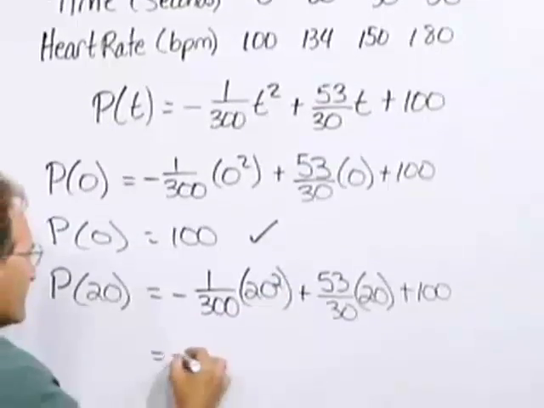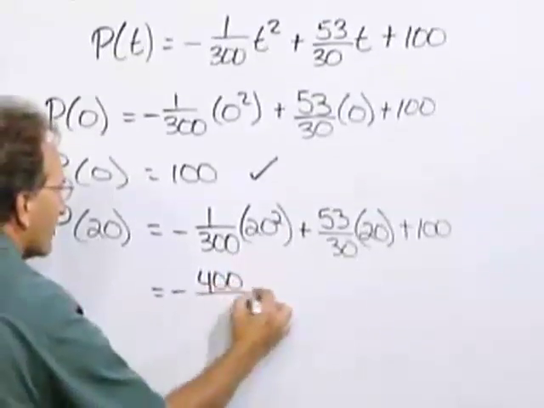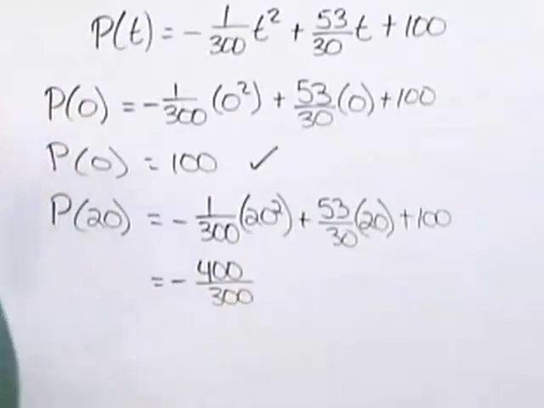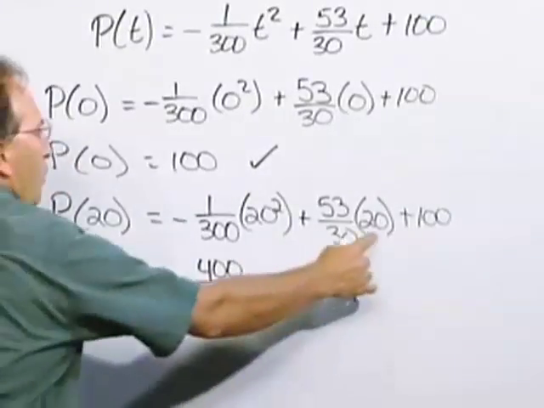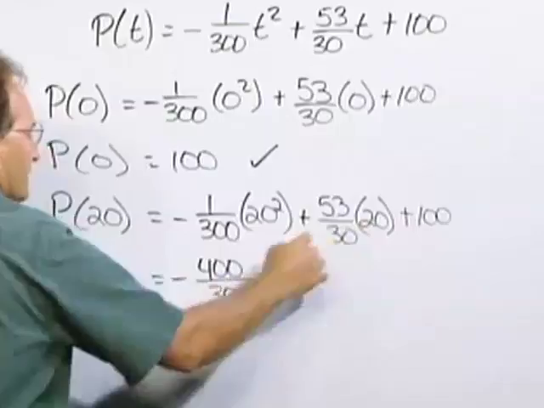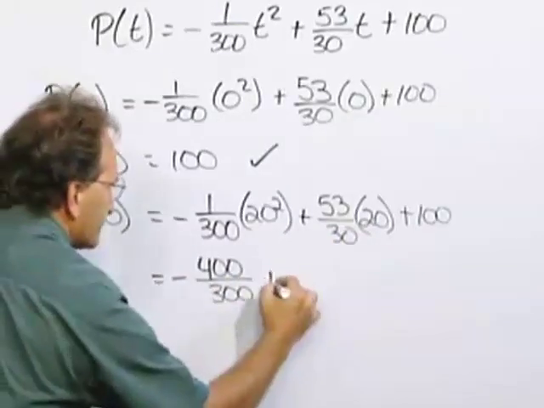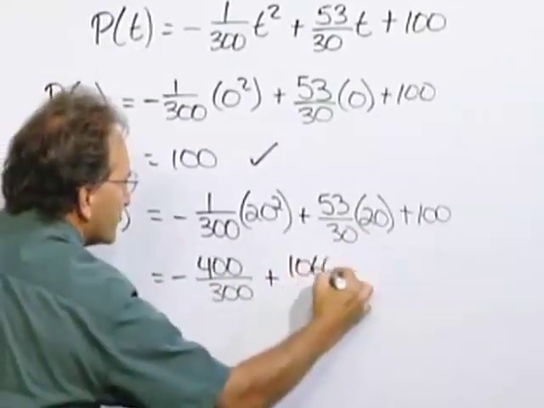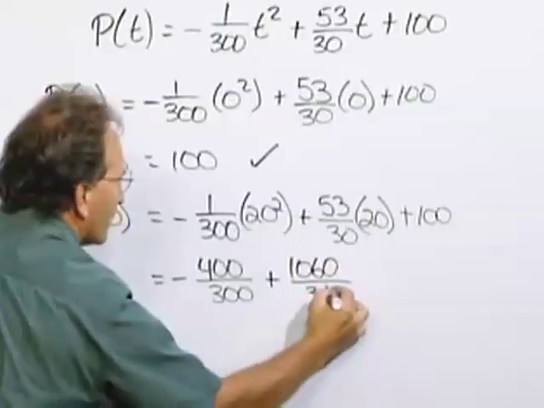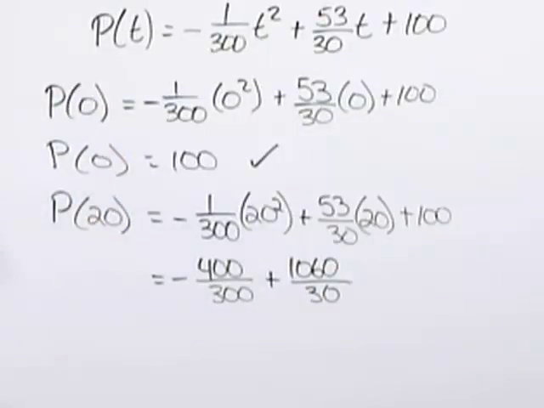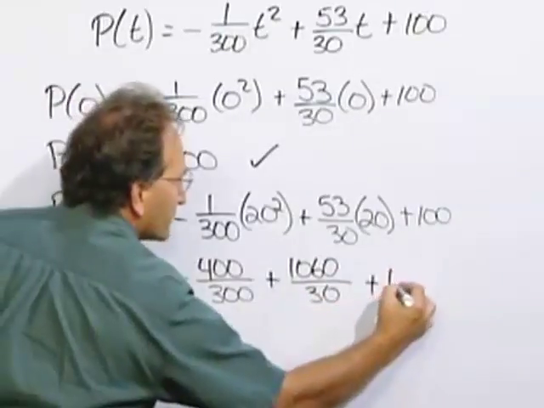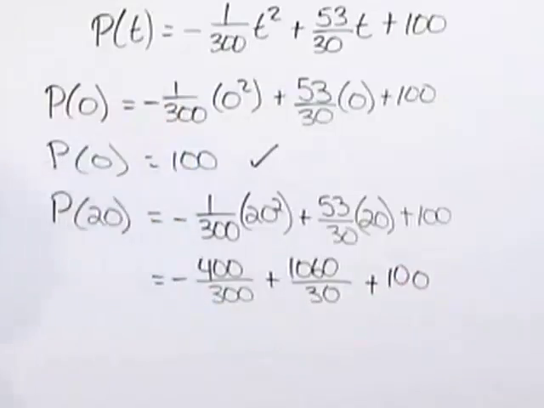So we have negative 400 over 300. 20 multiplied times 53 gives us 1,060, and that's over 30. And then we have the plus 100.